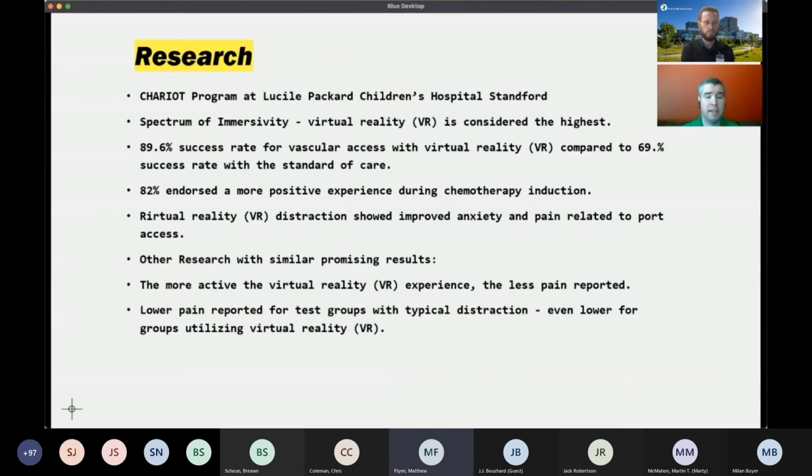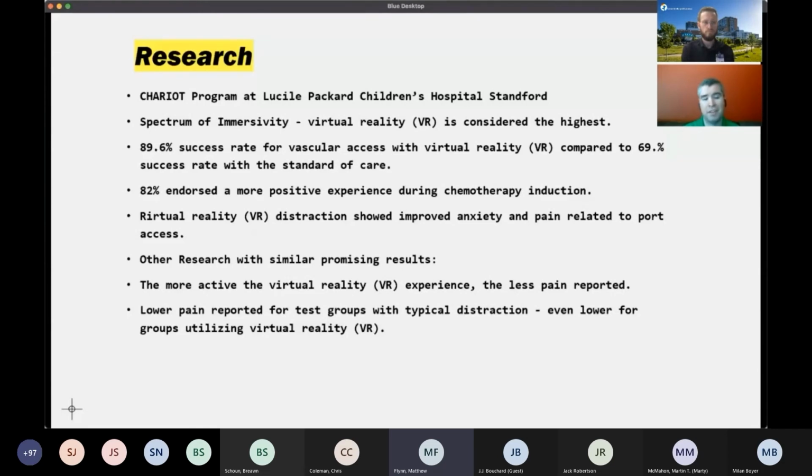A great resource that I like to utilize is the Chariot program at Lucile Packard Children's Hospital, Stanford. They've done a lot of research with VR and pain management, as well as accumulated data from other research studies. So it's a good singular place to get everything from, but there's still a lot out there as well. And what we have looked at has shown us that there are higher success rates for procedures when compared to the standard of care, and that patients endorse it as a more positive experience.